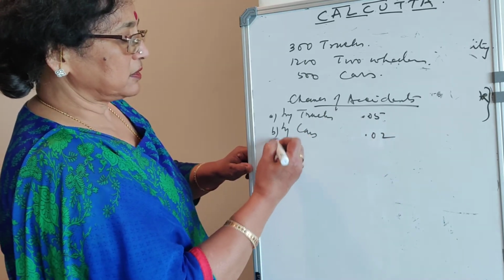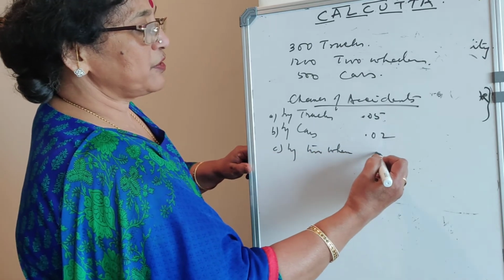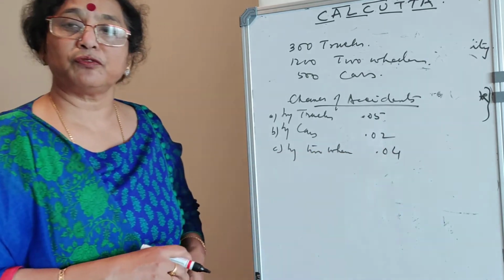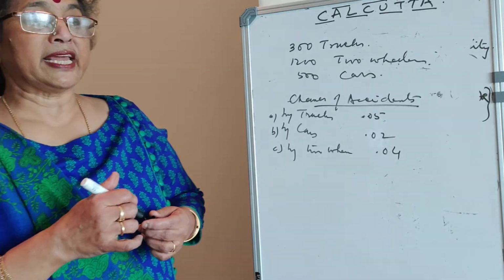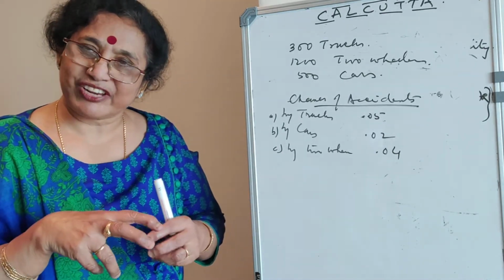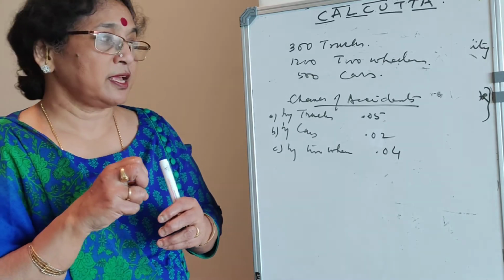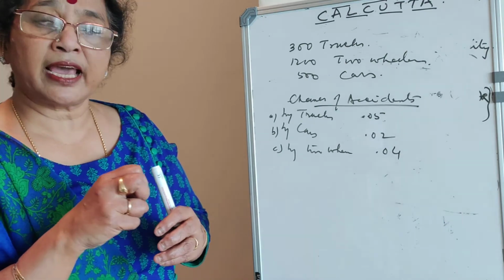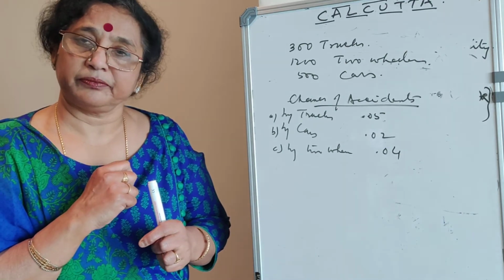And chances by two-wheelers is say 4%, 0.04. Now, an accident takes place on this street. So what are the chances this accident has taken place by a car?